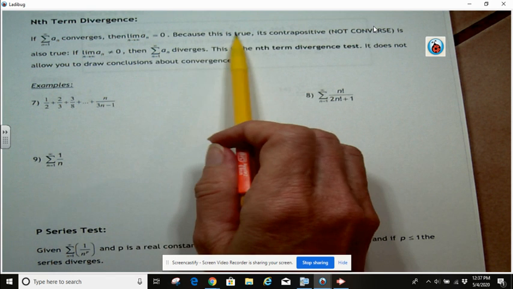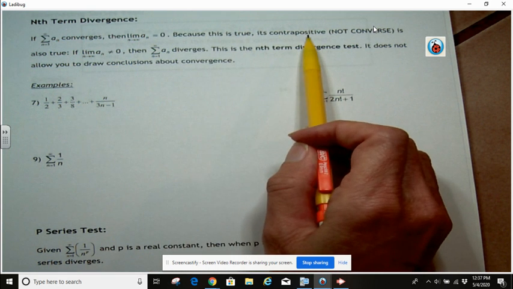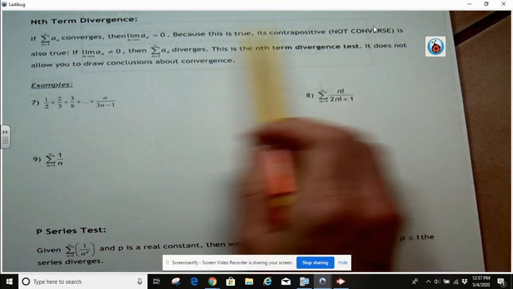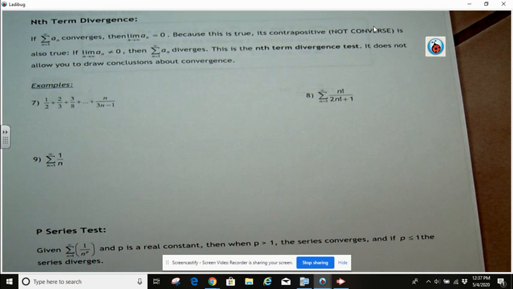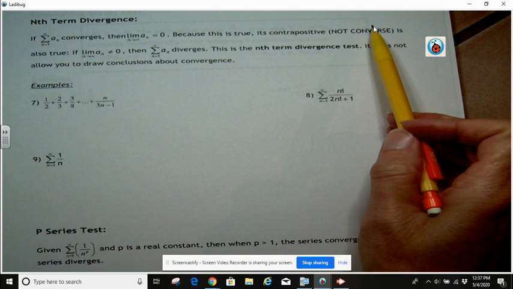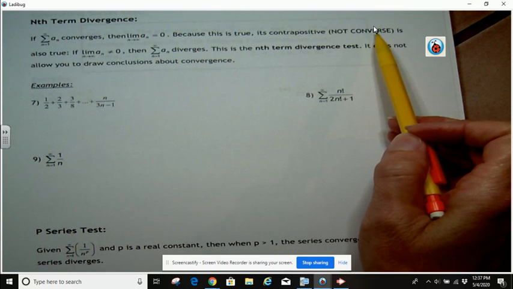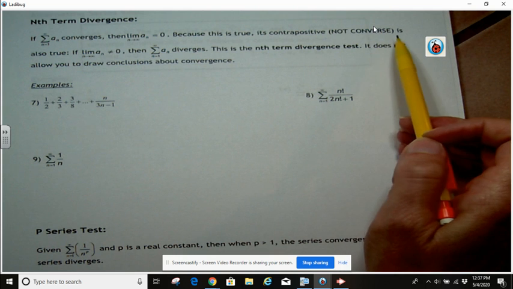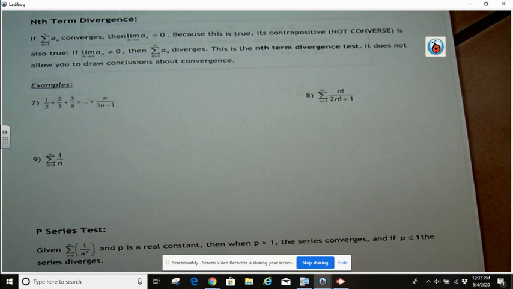Okay, because this is true, its contrapositive, not converse, is also true. So back from geometry, you had your statement, and then you had inverse, converse, contrapositive, you had all those. So the converse was where you wrote it backwards, and then you had inverse where it was negated, and then you have the contrapositive, which is backwards and negated.